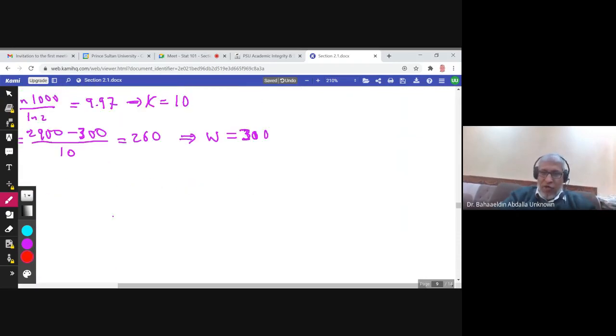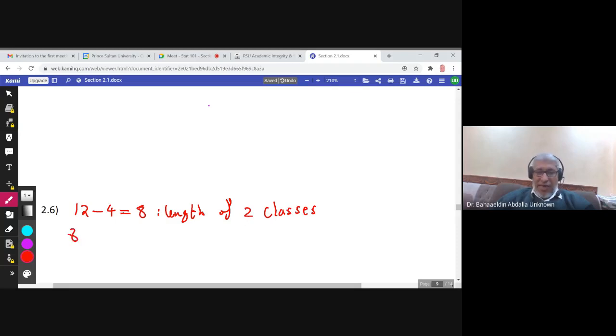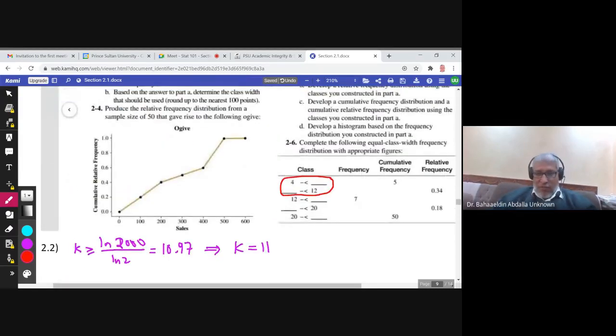Yeah, if you subtract 12 minus 4, it would be 8. 8 should be the length of the first 2 classes. So if you divide 8 by 2, you get 4, which is the width. So the width of each class is 4.